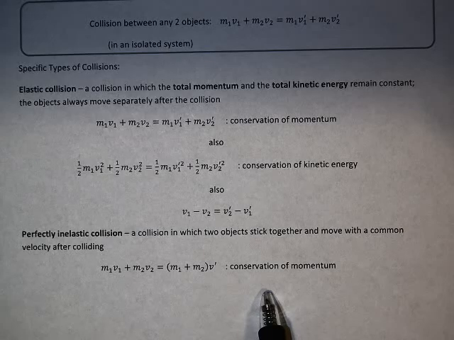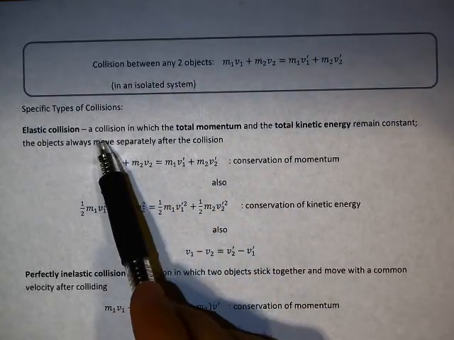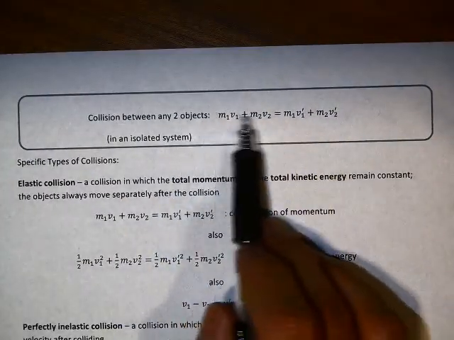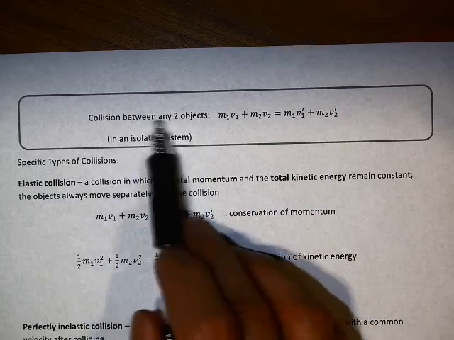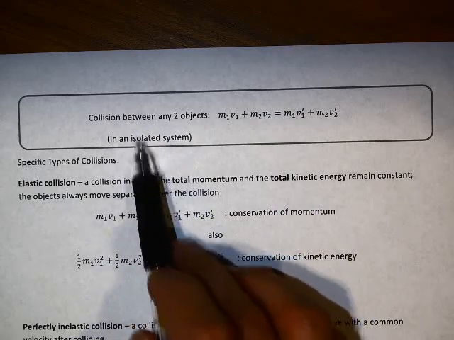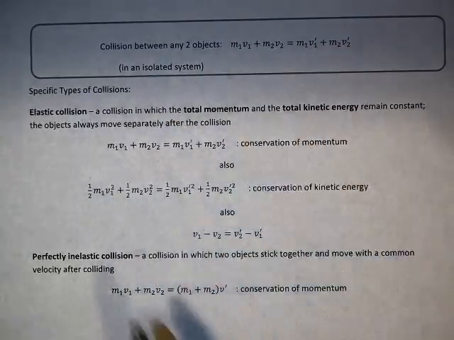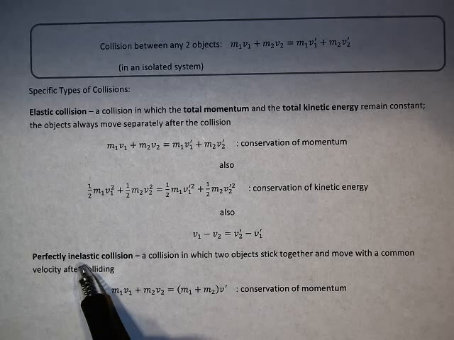In the real world, most collisions are not elastic or perfectly inelastic. So in the real world, we can use this equation as long as there's no outside influences, as long as it's an isolated system. But for the problems we're going to look at now, some are going to fall into the category of elastic, some will fall into the category of perfectly inelastic.